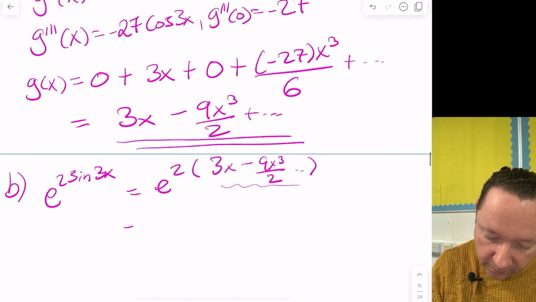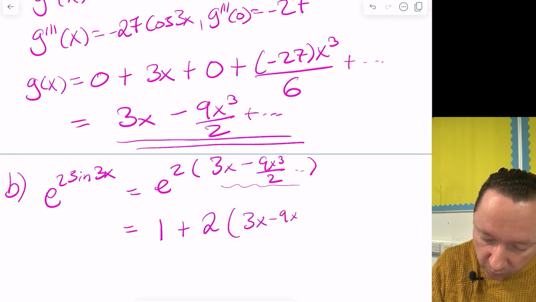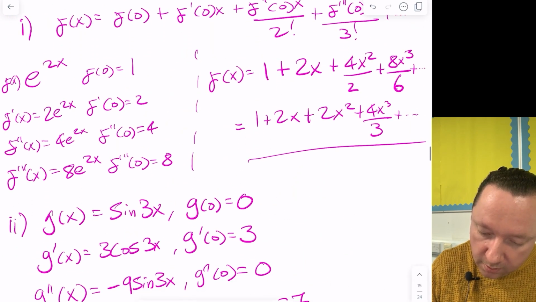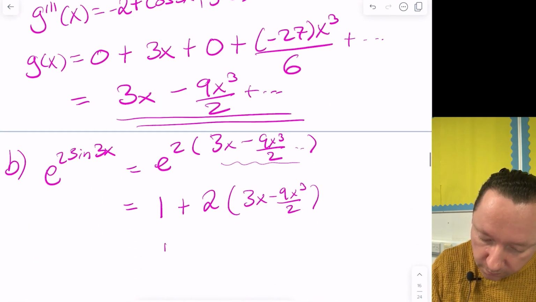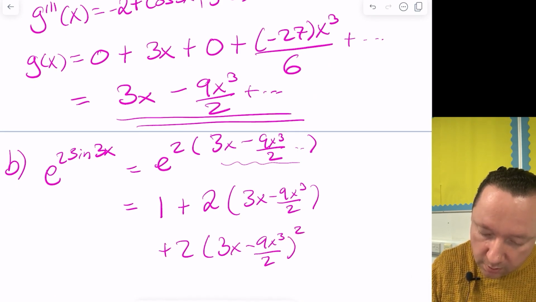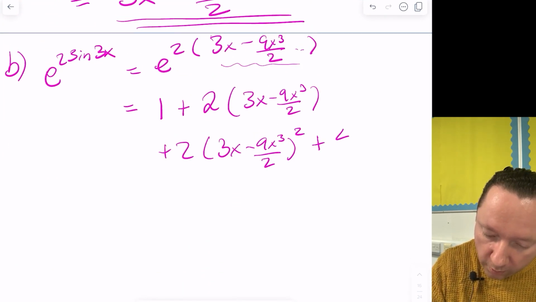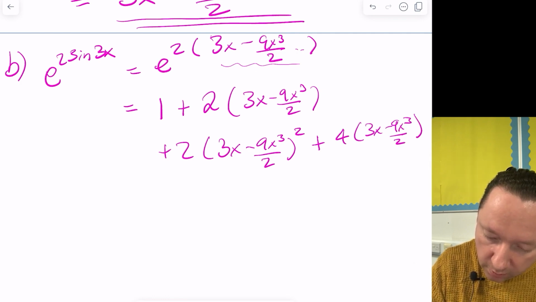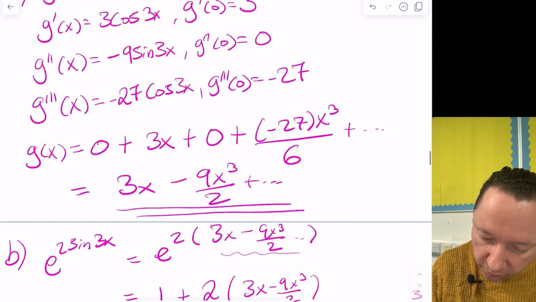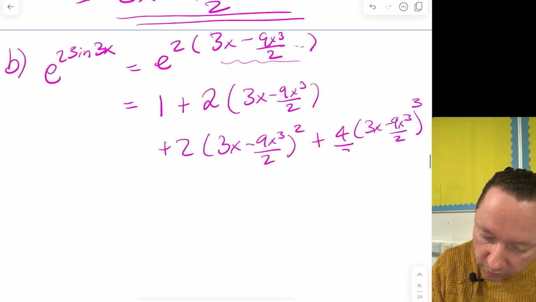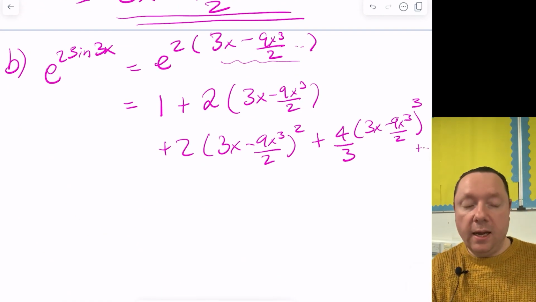So that gives me 1 plus 2x, but this is now my x, so 3x minus 9x cubed over 2, plus 2x squared, 3x minus 9x cubed over 2 squared, and 4x cubed over 3, 3x minus 9x cubed over 2 to the 3, and it's over 4 over 3, isn't it? 4 thirds. So then we'll just try and expand and simplify that.